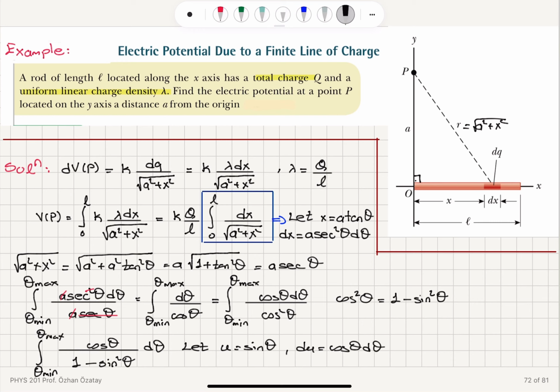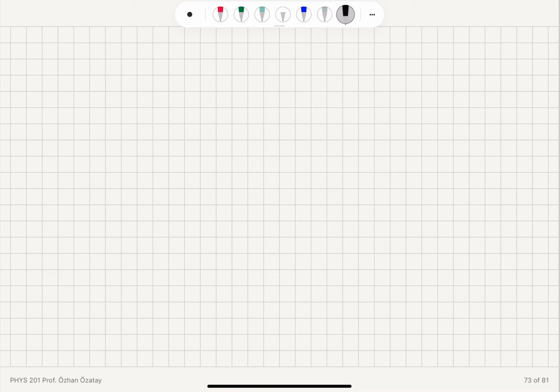Therefore, this integral will become u minimum to u maximum du divided by 1 minus u squared. Okay, now how do I perform the integral of 1 over 1 minus u squared? So let's concentrate on 1 over 1 minus u squared.